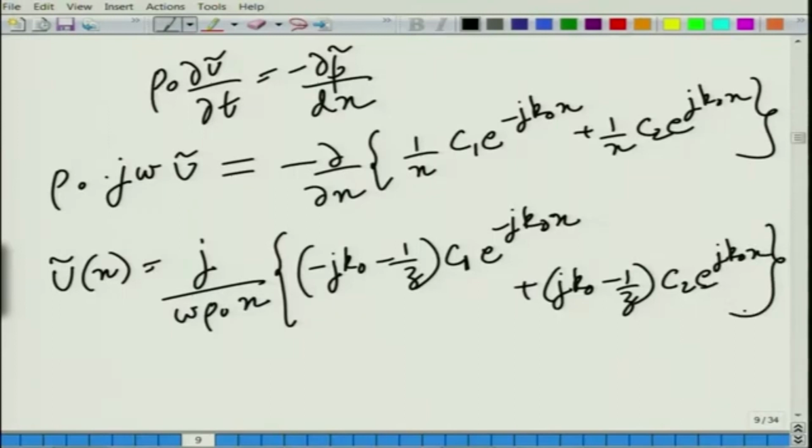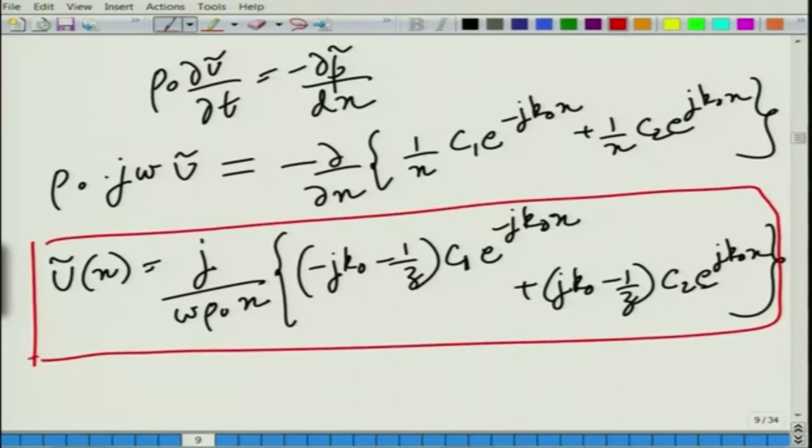So, we will get this guy. So, we have the expression for the particle velocity.